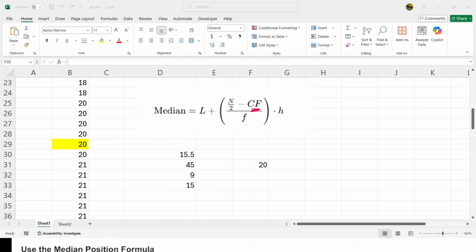So for the ungrouped data, I said it is the middle number, just the middle number. If you arrange this data in ascending order, and it is 45 numbers, 22 on this side, 22 on the other side. The middle number is number 23. You can say 45 plus 1 divided by 2, which is number 23. When I was calculating that in Excel, I also got 20 for the ungrouped data.